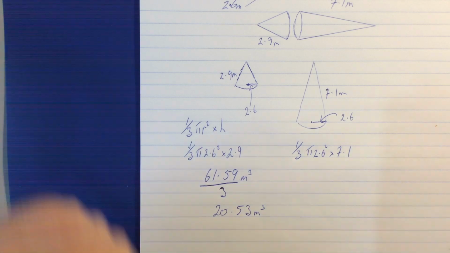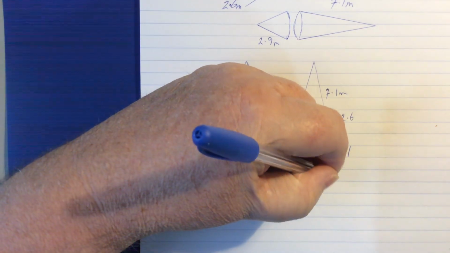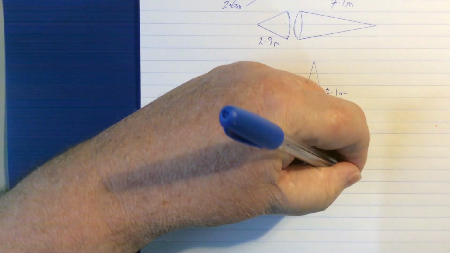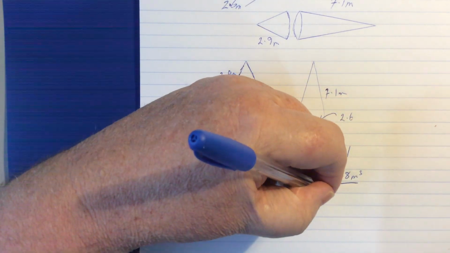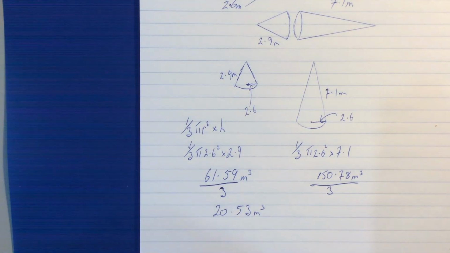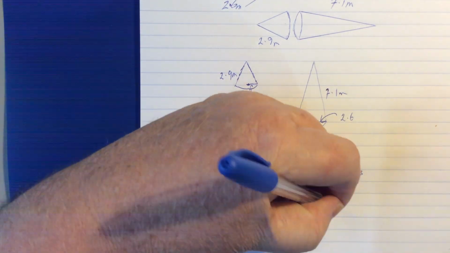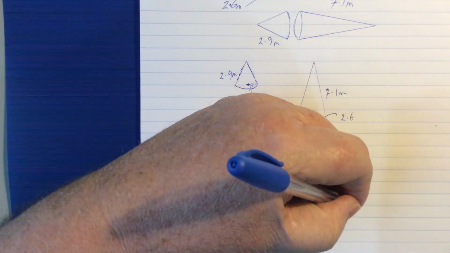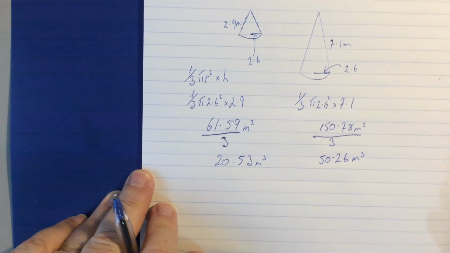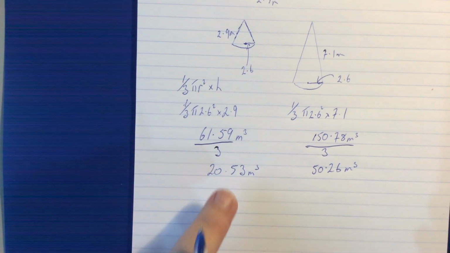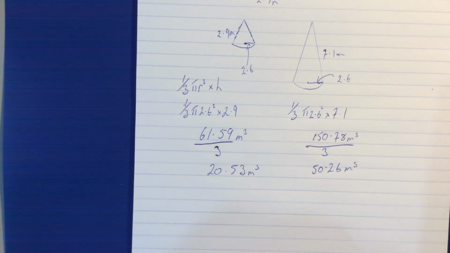That looks better. That gives me 150.78 meters cubed, which I then divide by 3, or multiply by 1/3, and I get 50.26 meters cubed. Okay, so we have one more thing to do, which is to add these two together.